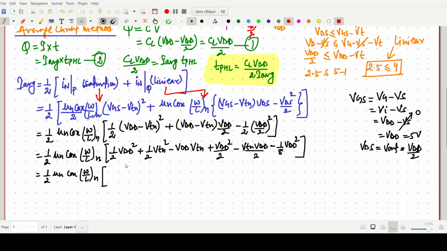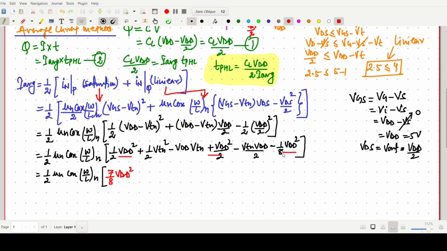We can solve, take the VDD square term first. So this was each 1 by 2, 1 by 2, 1, 1 minus 1 by 8 VDD square. So 8 minus 1, that is our 7 by 8 VDD square.